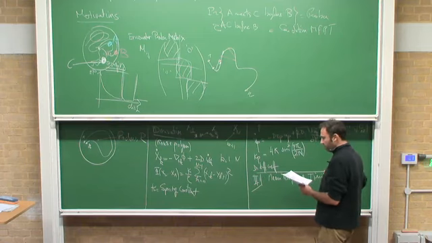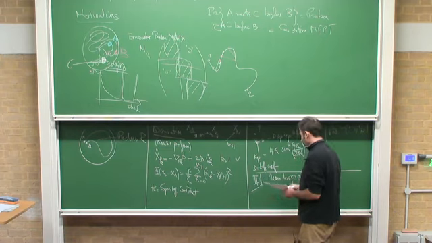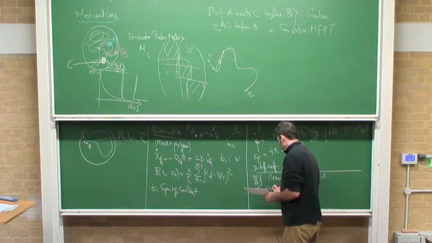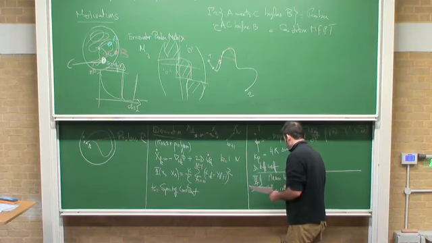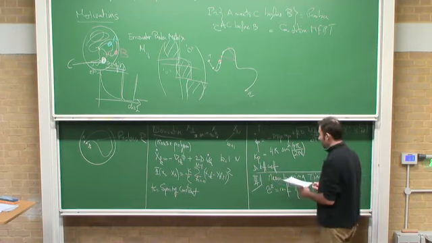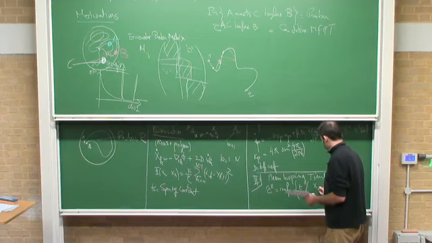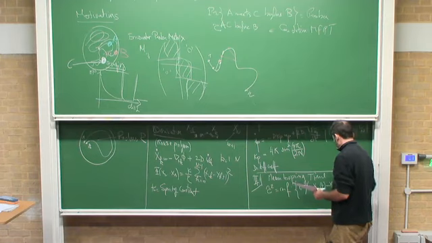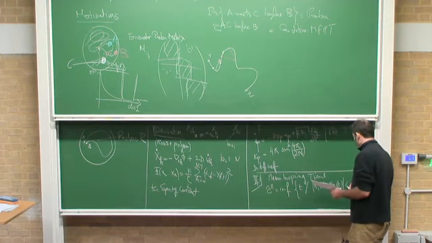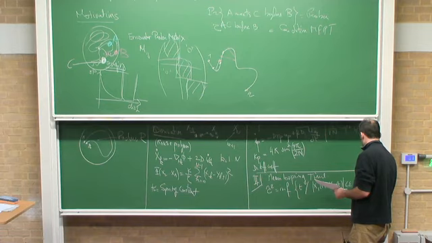So what is the mean looping time? We defined the looping time, tau or tau epsilon. This is the first time that, let's say, x1 of t minus xn of t is less or equal to epsilon, on the condition that, of course, at time 0 their distance is bigger, x1 minus xn of 0 is strictly bigger than epsilon.